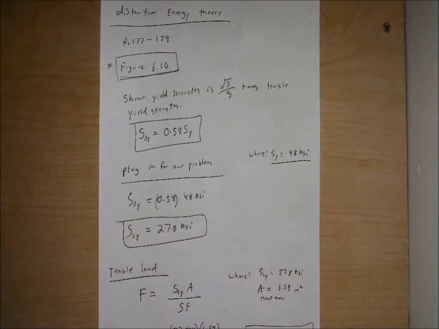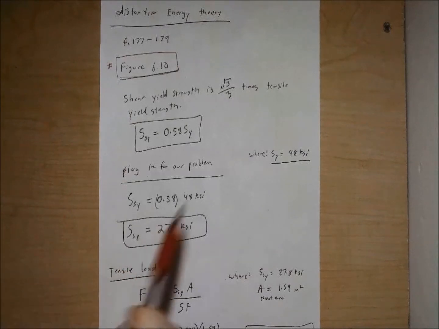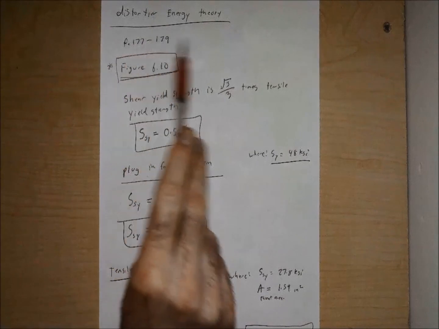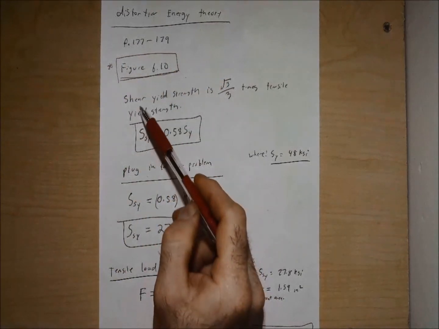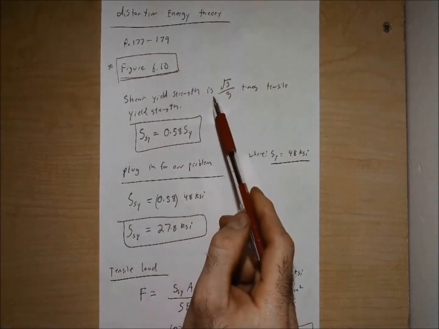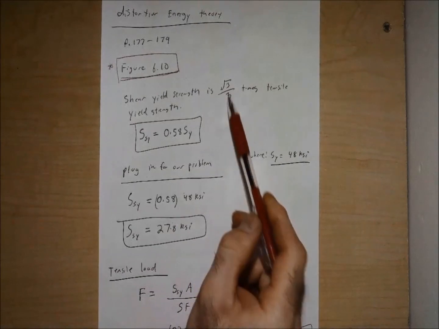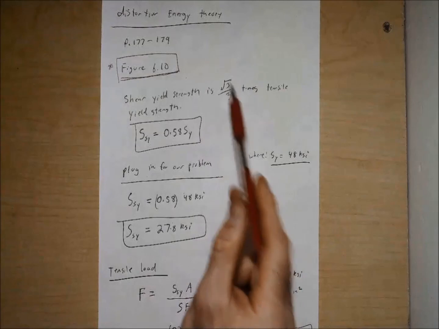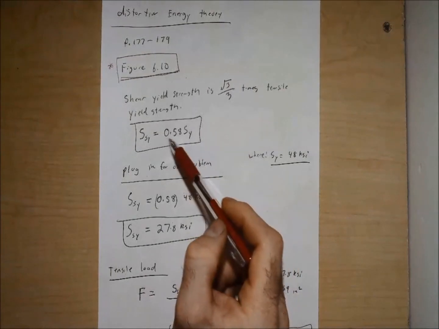Taking that information from figure 6.10 on pages 177 to 179 of our textbook, we can now calculate that our shear yield strength is given by the square root of 3 over 3 times the tensile yield strength. This ratio of square root of 3 over 3 becomes approximately 0.58.